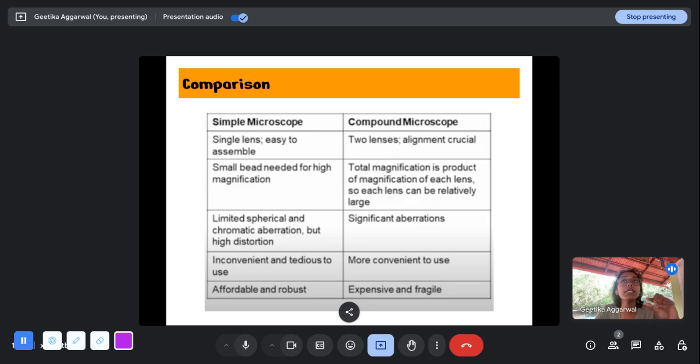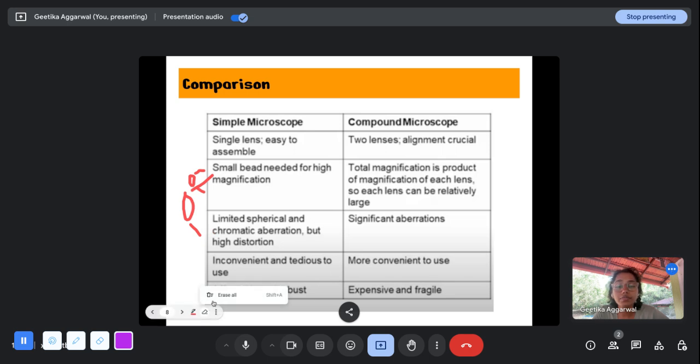Aperture is basically the area through which the light travels, that is, how much area is available for the light to travel through. If you have a small bead, the area through which the light comes into the bead is small, but if you have a large bead, that area gets much larger. So a much smaller bead will give you a bigger magnification.